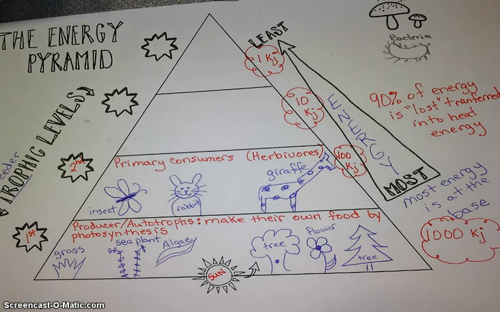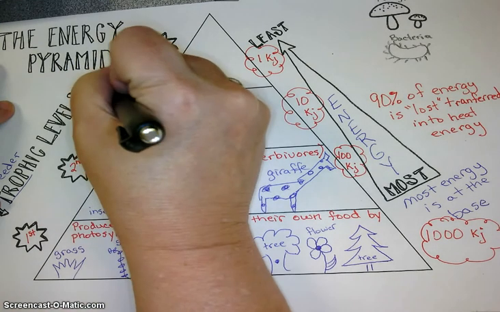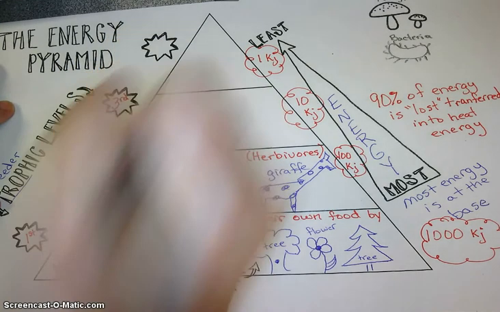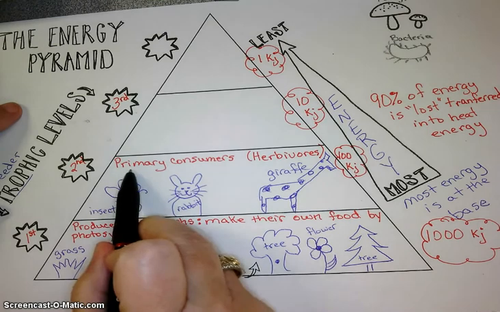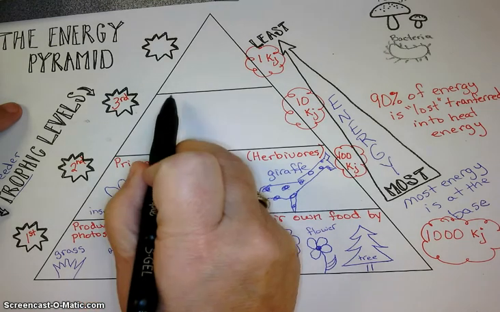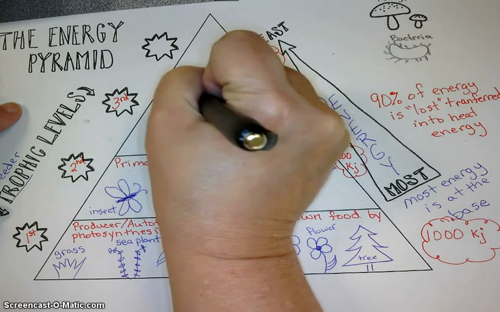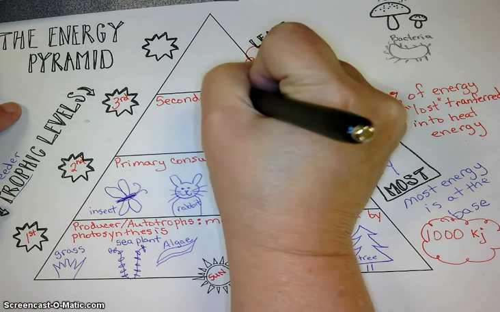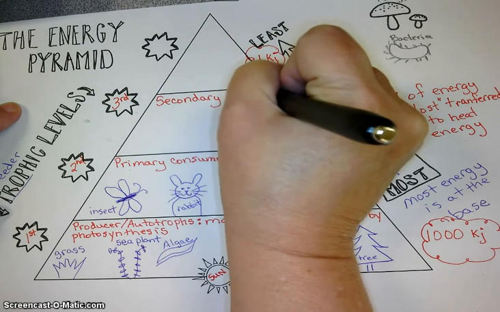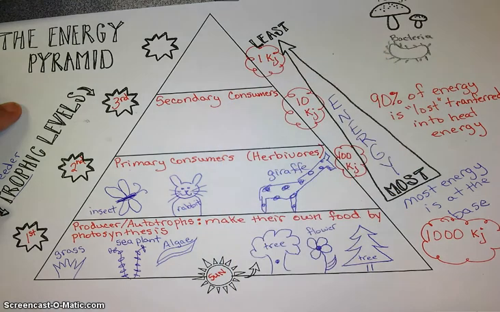So as we go up to the next trophic level, the third trophic level, if these were primary and that meant first, we're going to have secondary consumers. And you might think, oh, those are all carnivores.